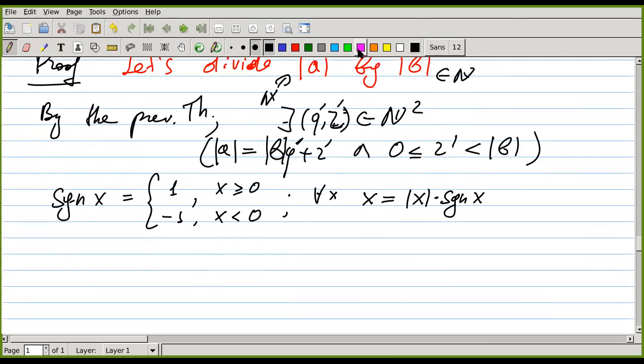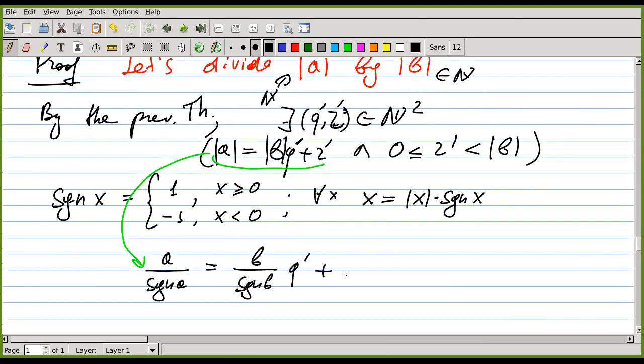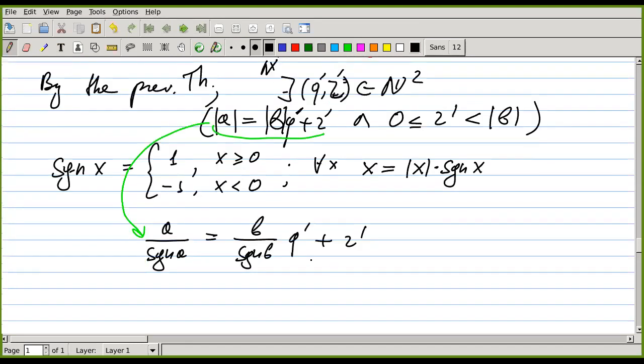So now let's consider this formula. What is the absolute value of A? It is A divided by its sign, which equals B divided by its sign, multiplied by Q prime plus R prime. Do you agree?